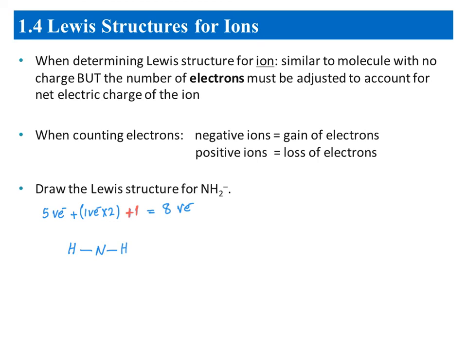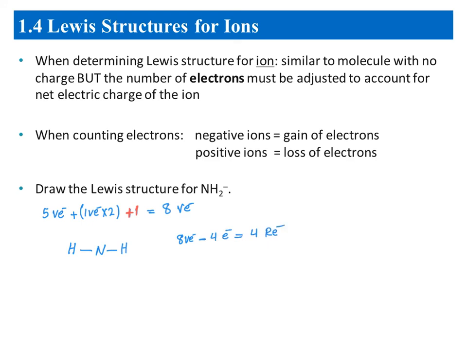Then I need to calculate the number of electrons that are used in the single bonds. So I drew 2 single bonds. Therefore 8 minus, each bond has 2 electrons, 8 minus 4 gives me 4 remaining electrons.